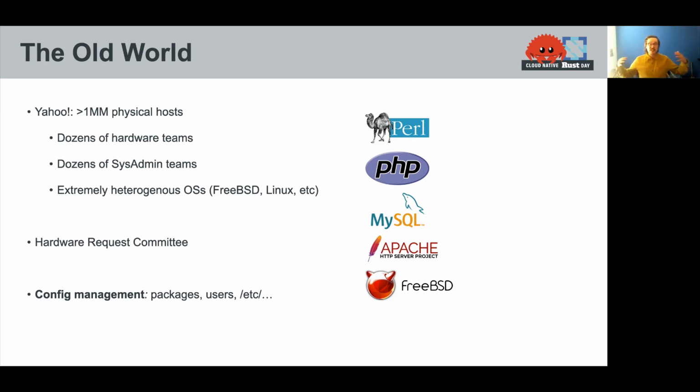Because of all these legacy systems that accrued over time, it was extremely heterogeneous. Lots of FreeBSD, Linux creeping in, OS versions, configurations proliferated in every different way. But the idea here is that they are largely what they call pets and not cattle, really bespoke configurations for millions of hosts.